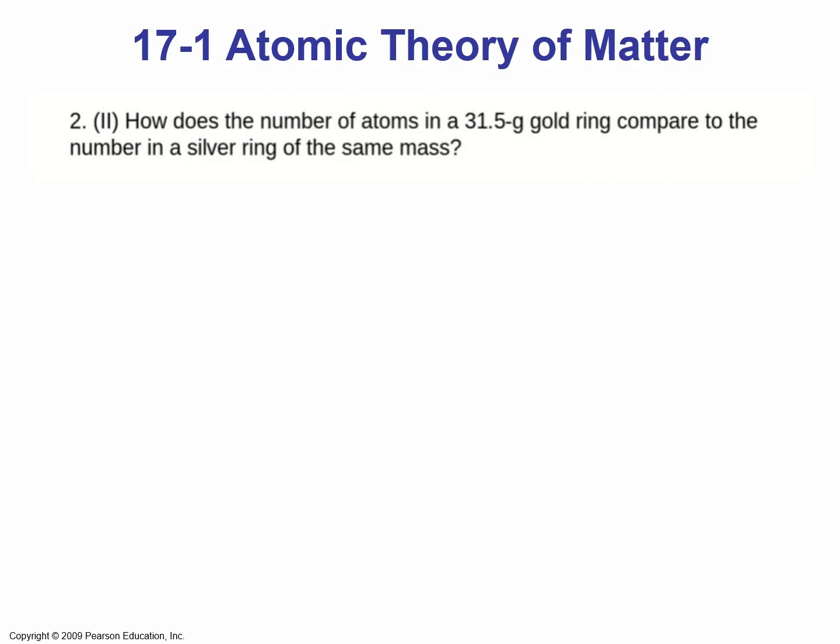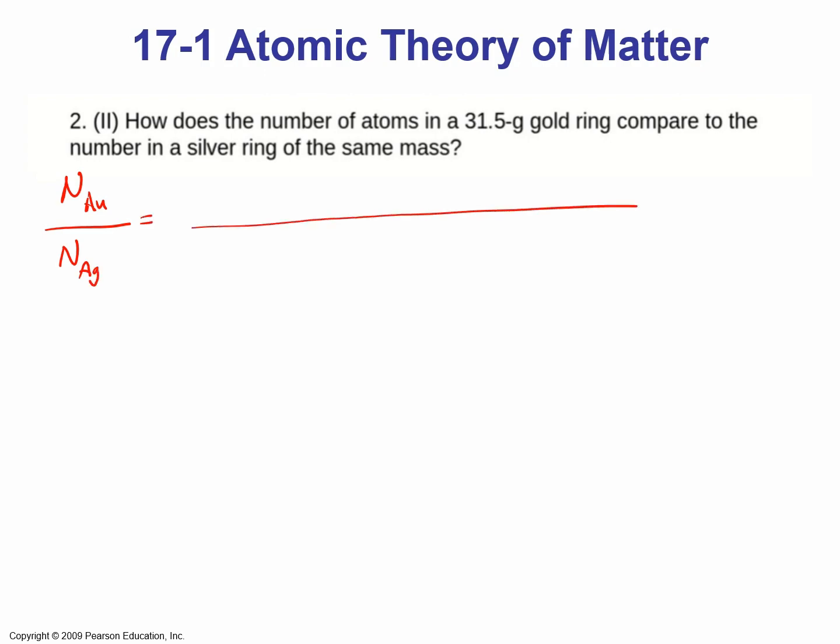And the mass of a single atom, or atomic mass, of gold and silver can be found from the periodic table. So we will write the number of Au atoms, which is gold, divided by the number of Ag atoms, which is silver.